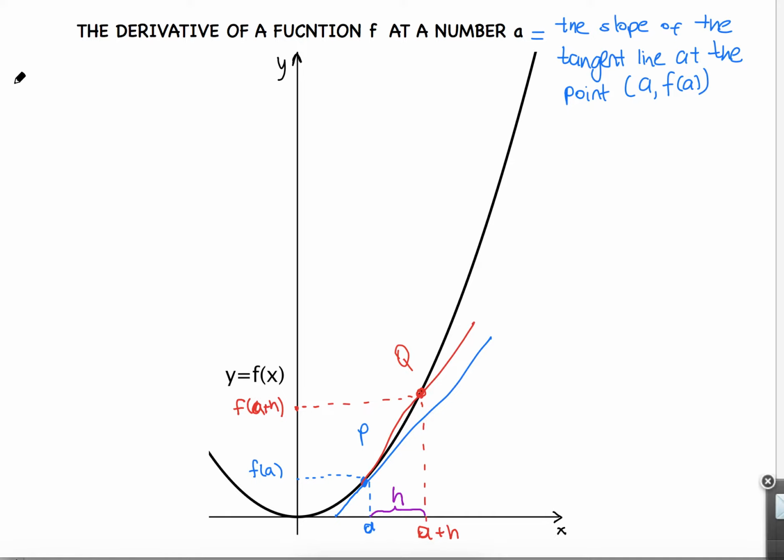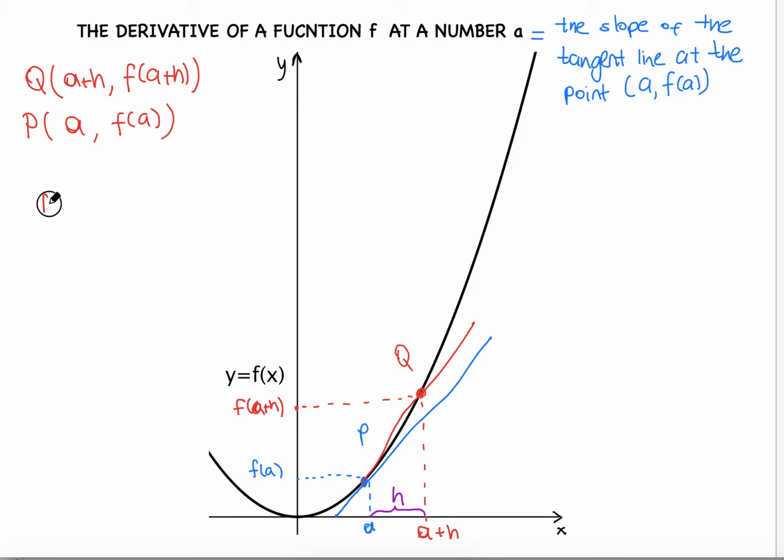All right, so here are the points. We have Q, a plus h, comma, f of a plus h, and we have P, coordinates a, comma, f of a.